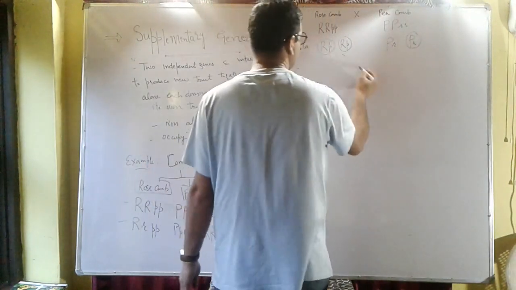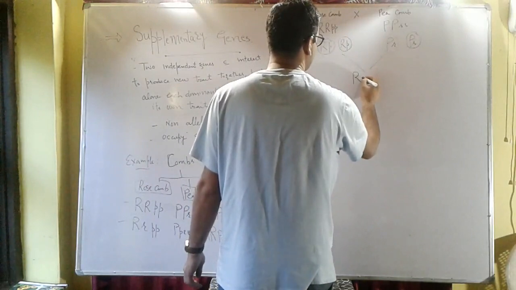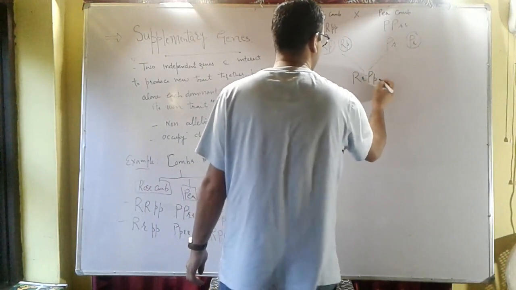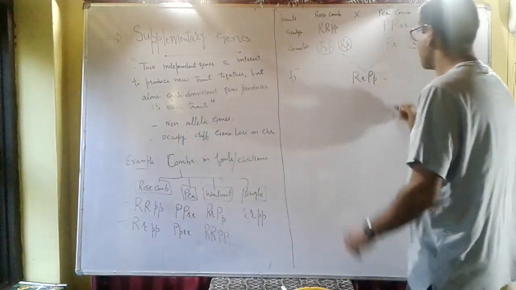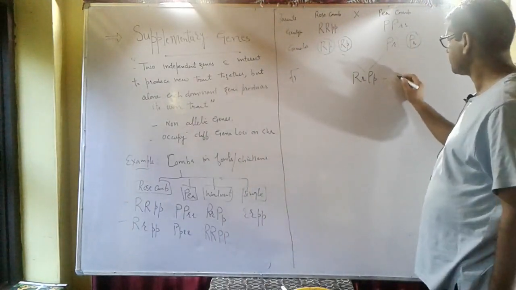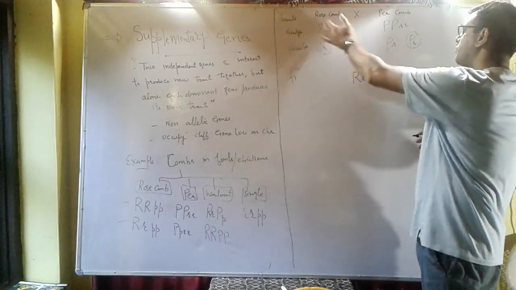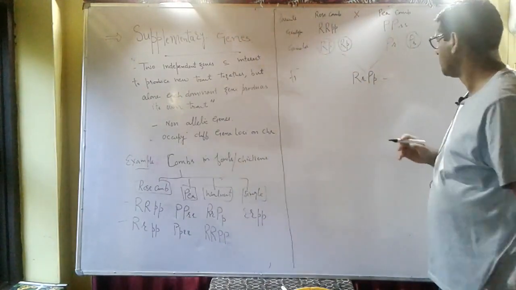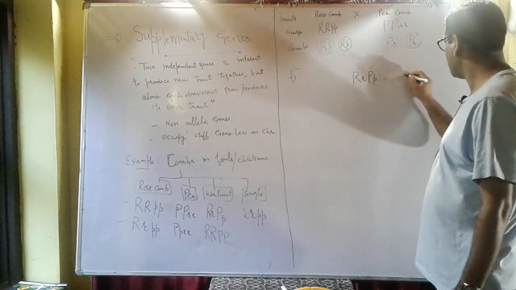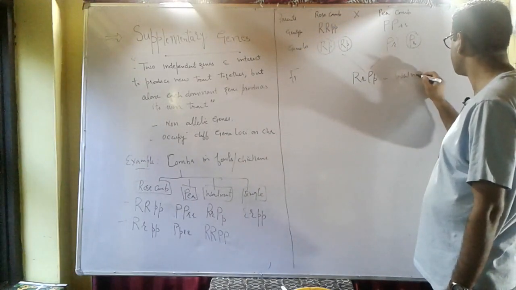The first filial generation is capital R, small r, capital P, small p. So these individuals, these fowls, are neither rose combed nor pea combed, but they are walnut combed chickens.